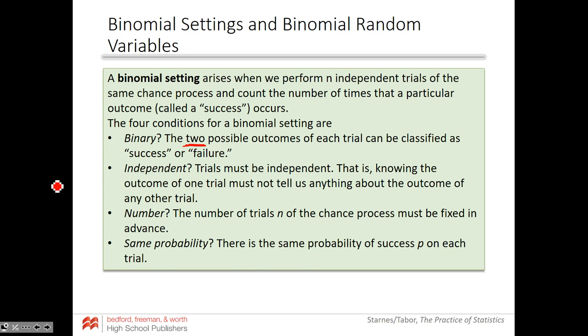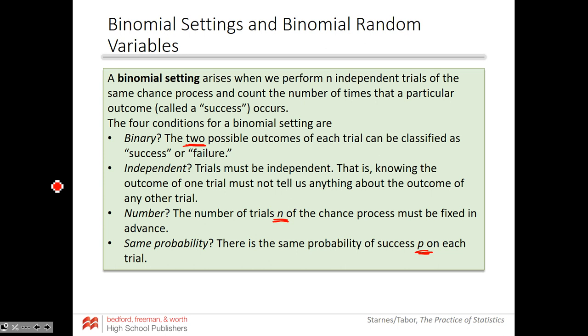Number: the number of trials, there were 10 multiple choice questions, is fixed in advance. So everyone who just took that quiz took a 10 question quiz. If I gave some people a 10 question quiz and some people a 4 question quiz, then we wouldn't have the same number. And then the same probability: we call the probability of success p.